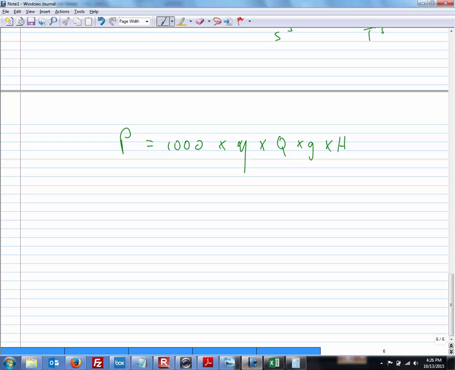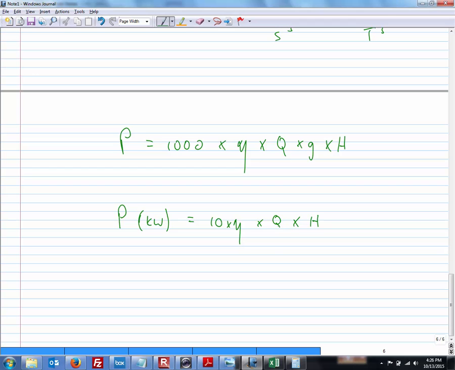They don't have dimensions on that, but if we want to turn that into kilowatts, so power in kilowatts, what we're looking at is 10 times eta times Q times H.